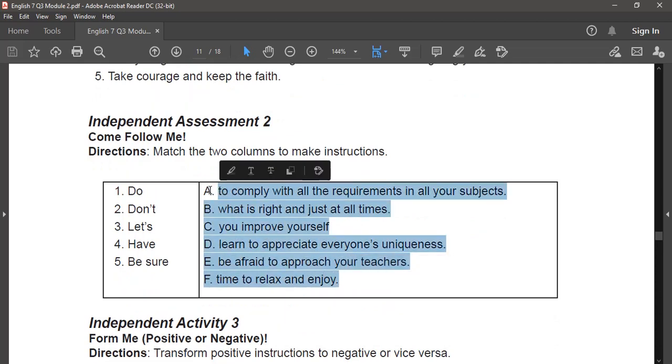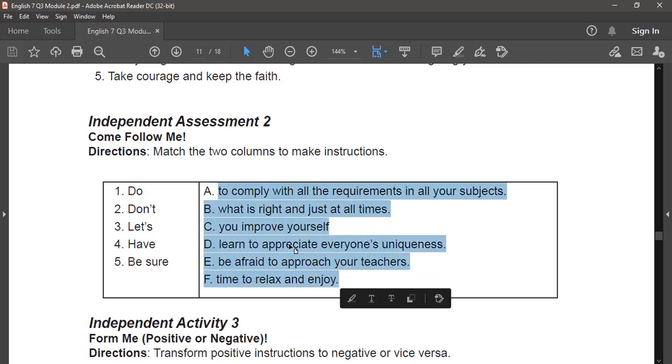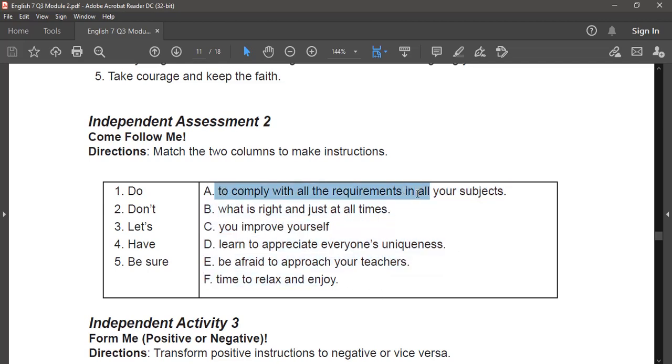These given are incomplete. For example, this one: to comply with all the requirements in all your subjects. That is incomplete. For you to complete that, choose from these given. What should be the correct word to be added to make it complete? Is it do to comply?